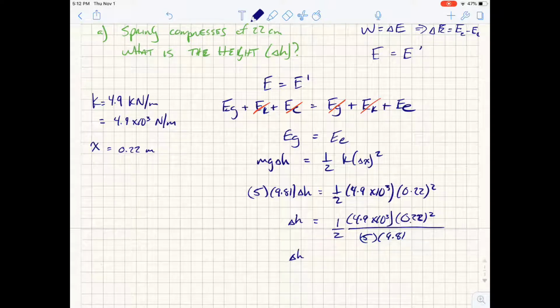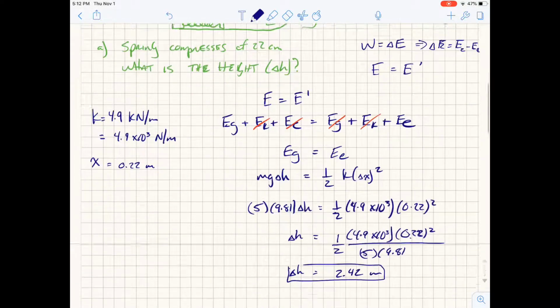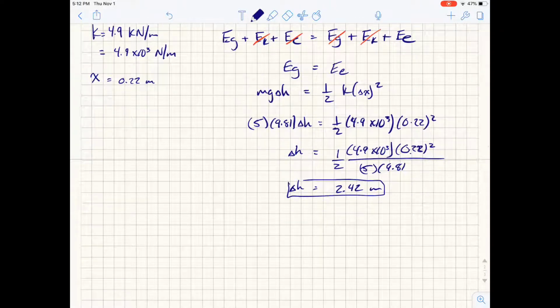And after punching some numbers in my calculator, I find out that it's 2.42 meters. So this distance must have been 2.42 meters. All right, that's the flow.